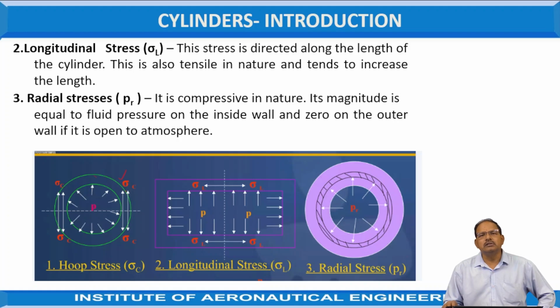The third one is the compressive stress, acting in the opposite direction, in which the pressure inside the cylinder is acting. So it is compressive in nature. Okay, these are the three types of stresses. Generally, the shell is subjected to them when the internal fluid has certain pressure.